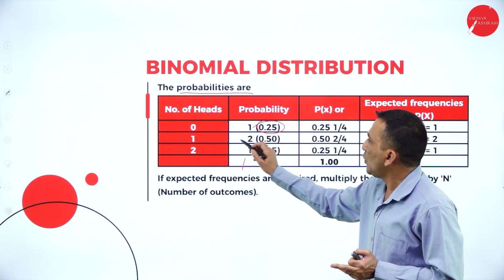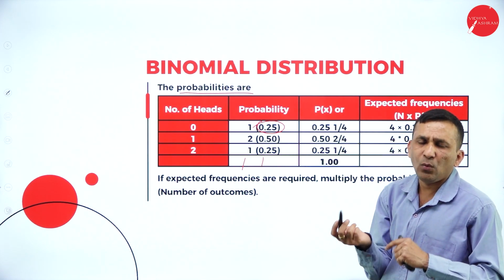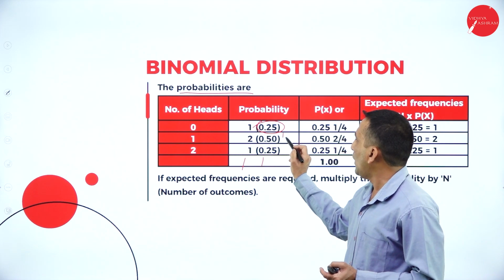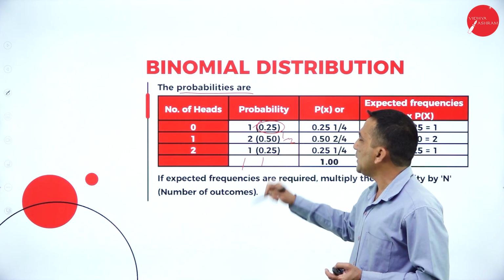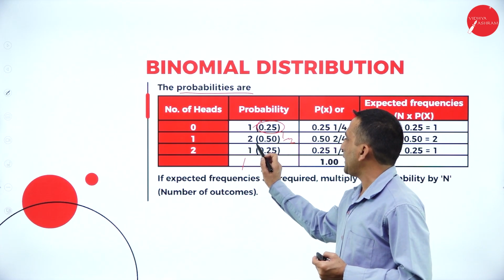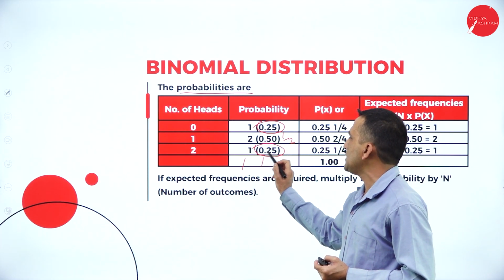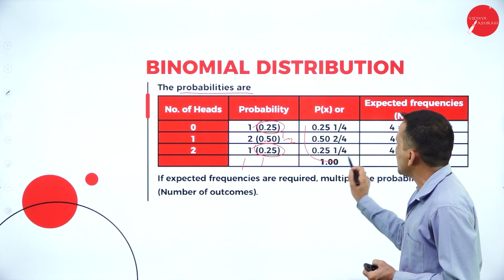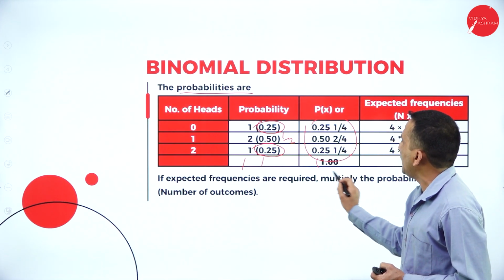So, one head, one tail, one head: 2 times, so you are getting the probability 1 by 2, or you can write directly 0.5. Two heads, only one time you are expecting, that's why you write 0.25. So, writing like this is also possible. The total probability value is 1.